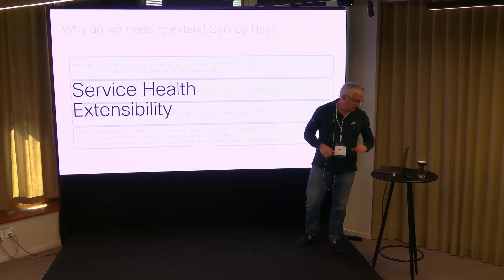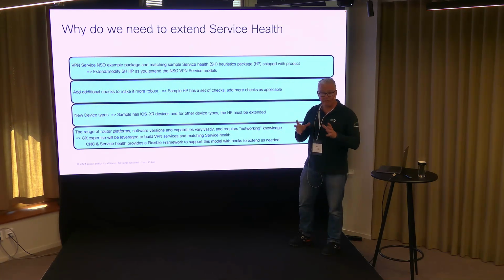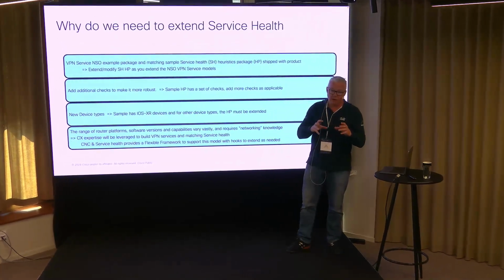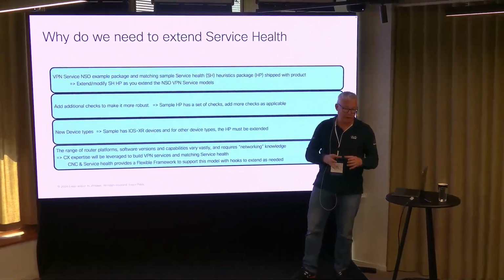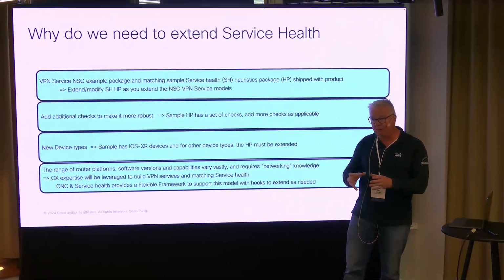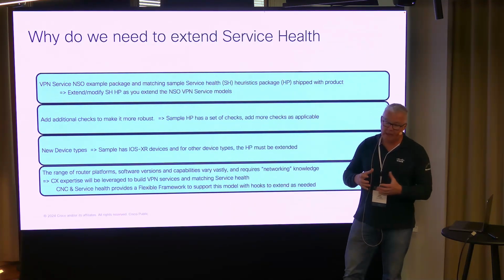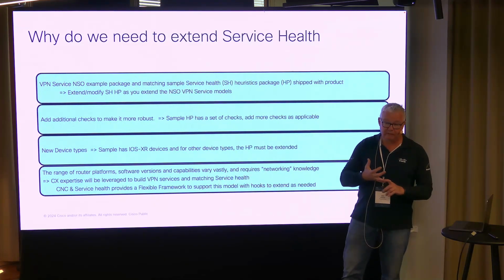Service health. I will try to make it simple. If you remember service health, when we define a service model, we extend the service model to define which components we want to monitor, to know how the service is behaving, whether it is in good health or not. We define what could be the potential issues, what could be the remediation, and things like that.